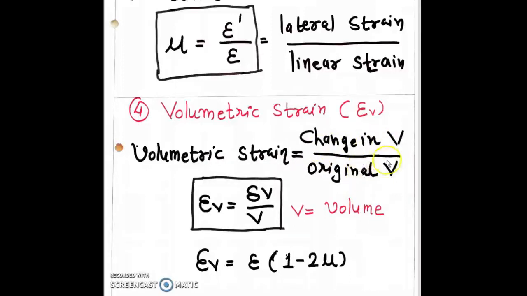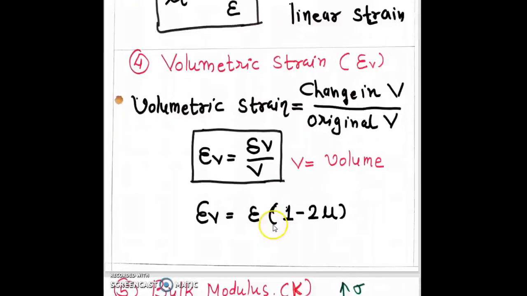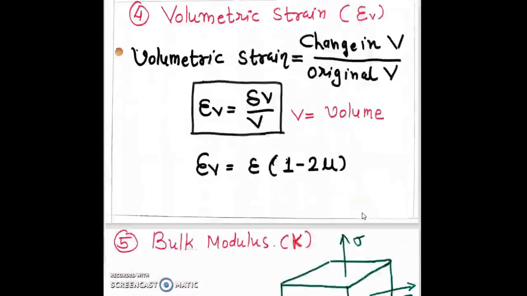The symbol of change in volume is delta V, original volume is V, and volumetric strain is epsilon V. Second option, to find the volumetric strain: epsilon V is equal to strain times (1 minus 2 mu), where mu is the Poisson's ratio and epsilon is the strain. Then we can find the volumetric strain.